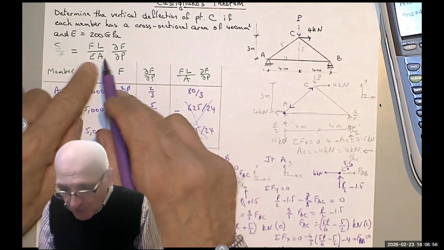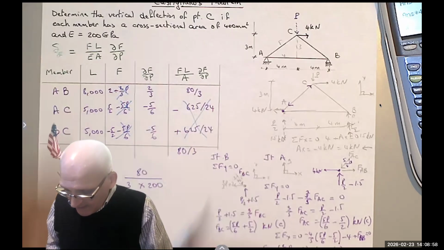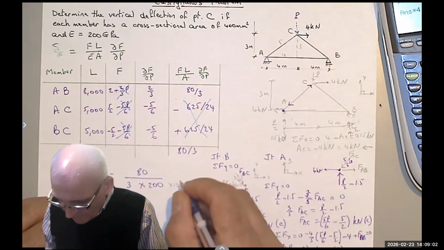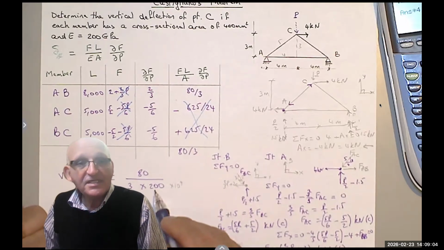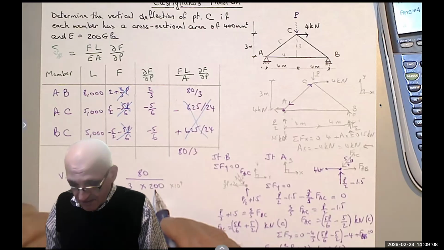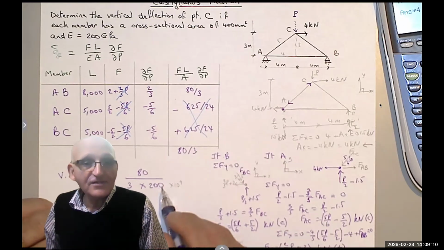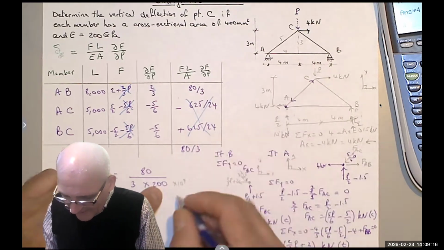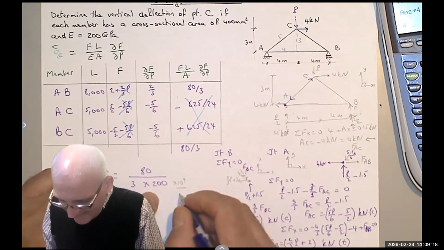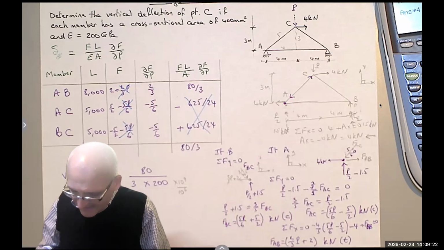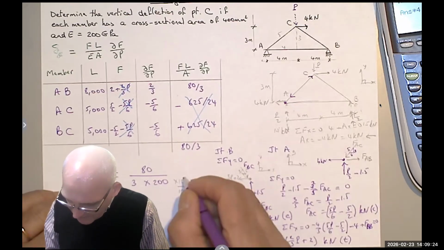So to make it Newton, you would multiply by 10 to the 9th. But this would be square meter. A meter is 10 to the third of a millimeter. So I have to divide by 10 to the third squared, which is 10 to the 6th. And that leaves me with 10 cubed.